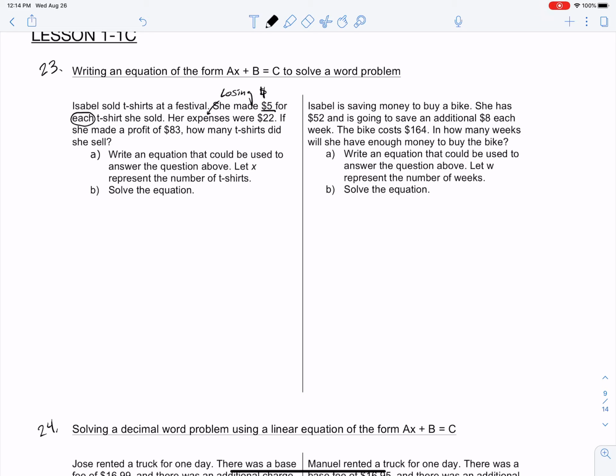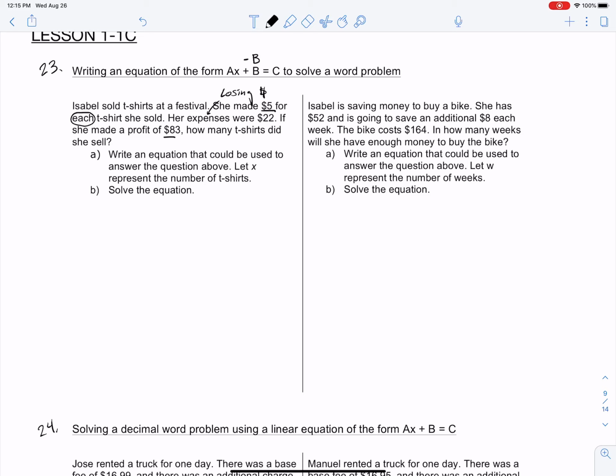So instead of a positive $22, really that should be a minus 22. And that gets me to my next point. ax plus b can also be ax minus b equals c. It can be a plus or minus b, depending on the specific example, such as the one here, that will be a minus sign. And then if she made a profit of $83, that's also important.